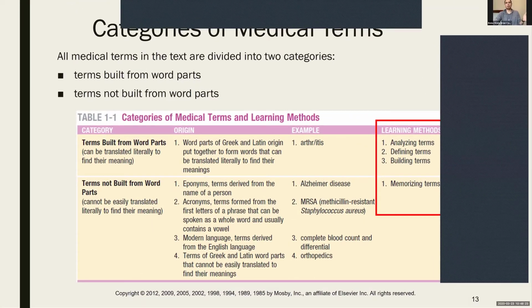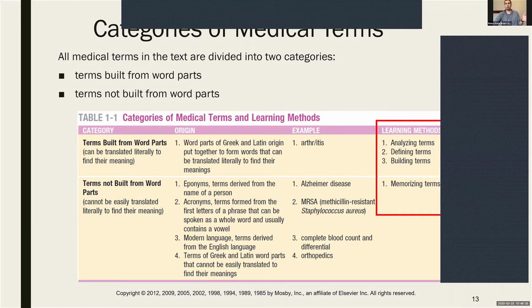So whatever career fields you happen to go into, you're going to have a specific subset of terms that you use the majority of the time, and you're going to be an expert in that. And then you're going to have a whole bunch of other terms that just kind of come in randomly and that aren't used as much. And those terms you might have to look up from time to time.